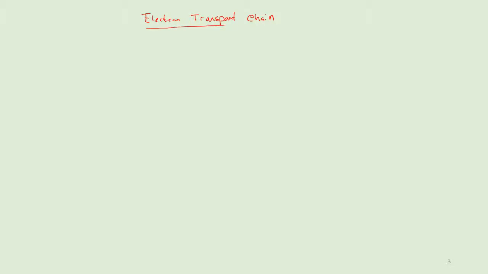All right. So we got the electron transport chain. So basically, let me give you the long and short of it. I don't want to waste too much of your time, but... All right.